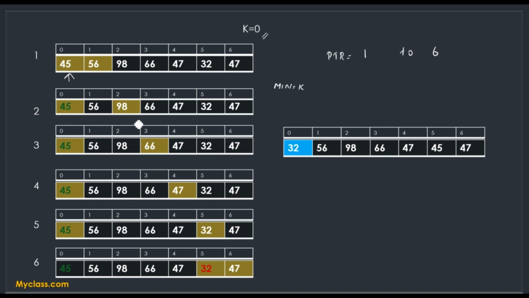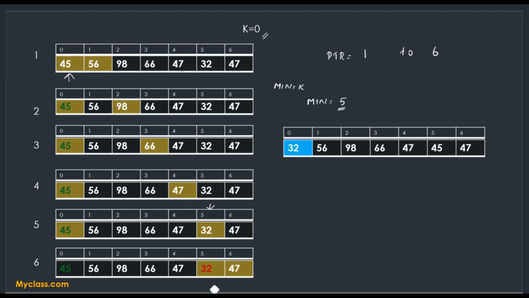Then we are checking 45 and 98. 45 is the smallest element among these two. Then again checking with 66, then 47. Then 32 is minimum, and 32 is less than 45. So we are updating new min equal to PTR. Our PTR value is 5.